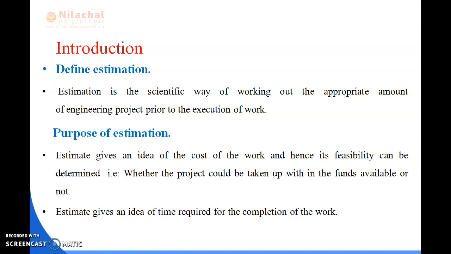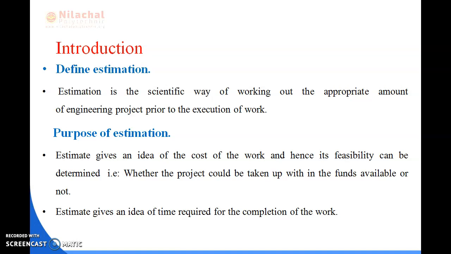The estimate gives an idea of the cost of the work and hence its feasibility can be determined, that is, whether the project could be taken up within the fund available or not. First of all, cost control is the main object of estimating and costing.